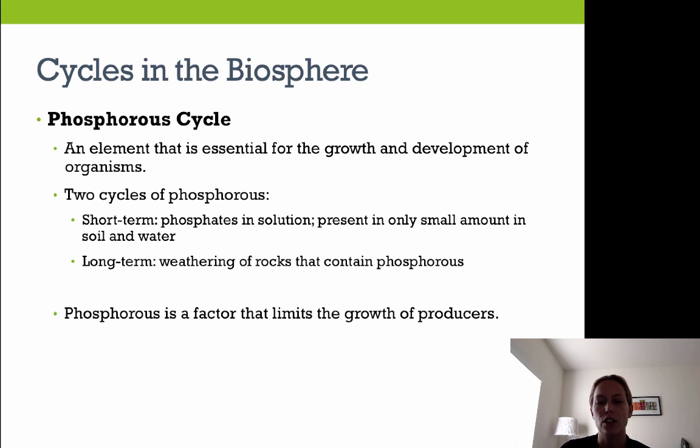Phosphorus is a factor that limits the growth of producers. So if there's not a lot of phosphorus available in the environment, producers won't grow.